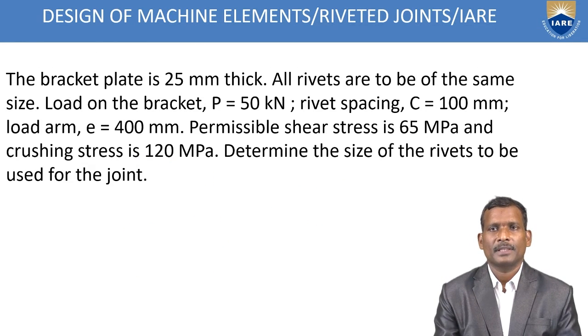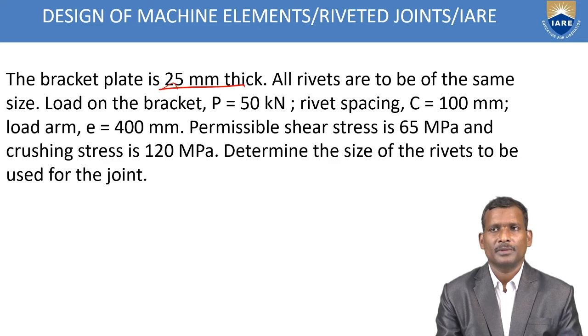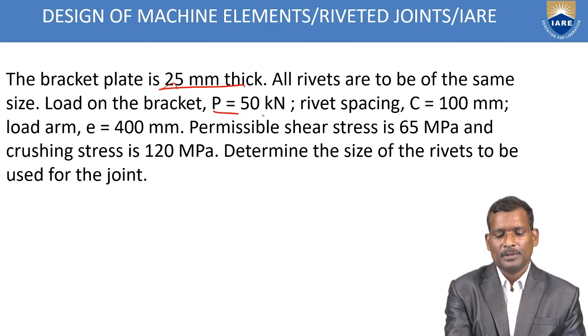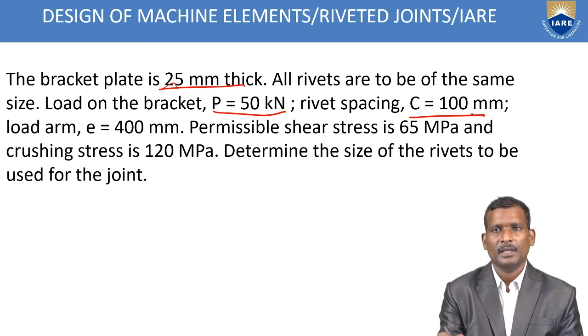The bracket plate is 25 mm thick. All rivets are to be the same size. The load on the bracket is 50 kN. The rivet spacing is 100 mm, vertically and horizontally.